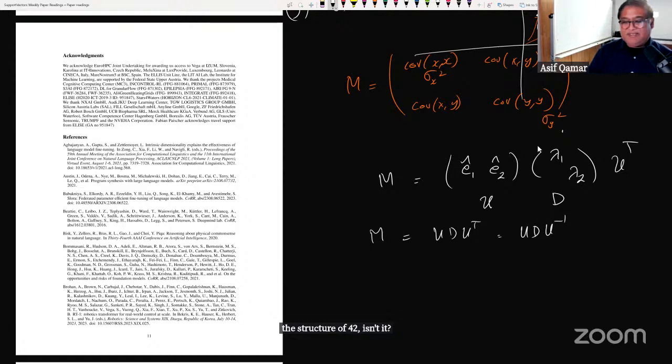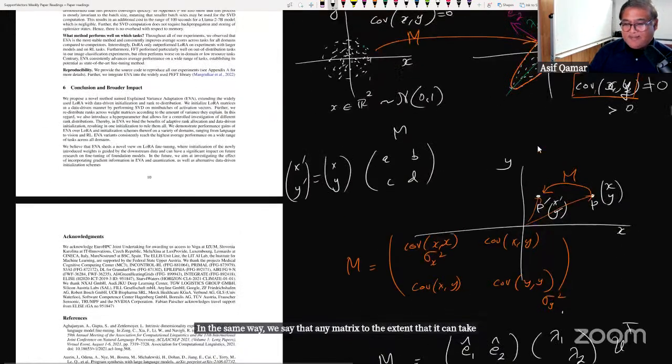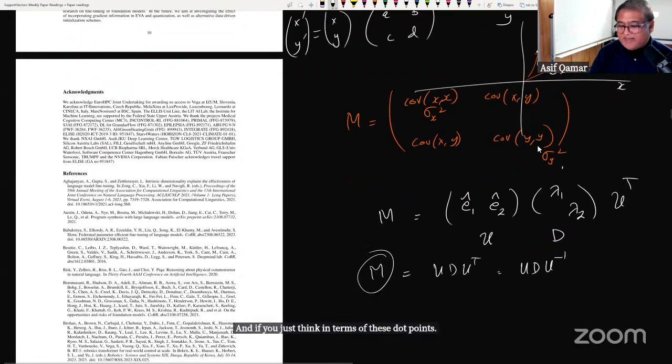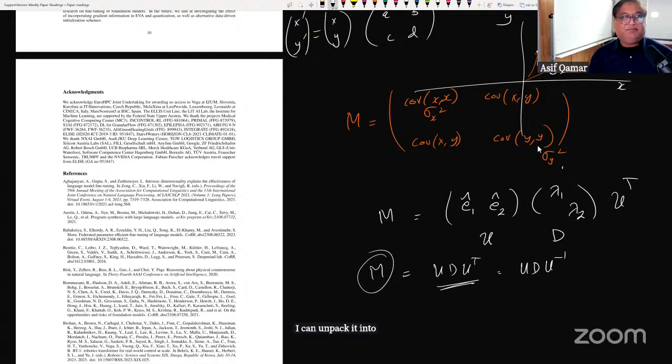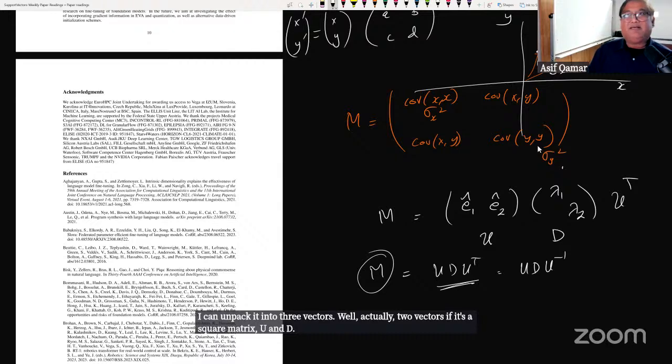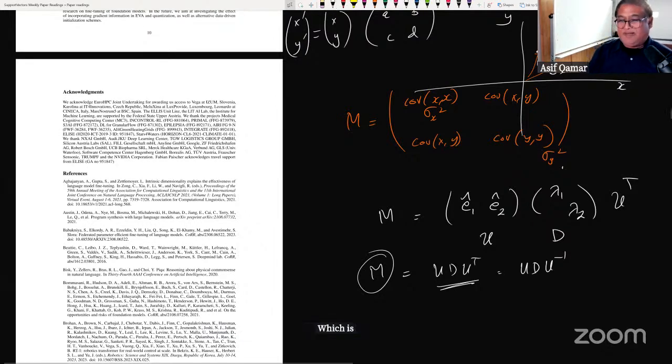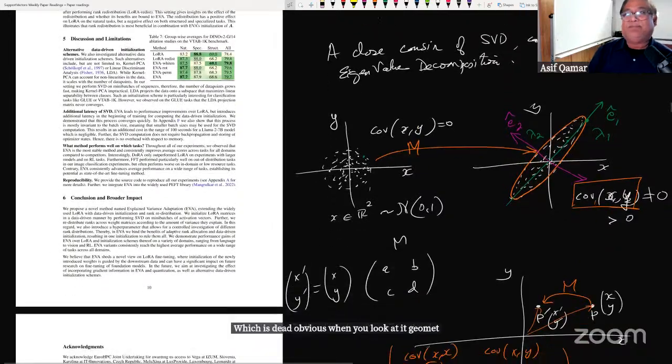In the same way, any matrix, I can unpack it into vectors. Well, actually 2 matrices if it's a square matrix, U and D. U is made up of the direction vectors, and D is made up of the scaling factors, isn't it? The magnitude of scaling, which is dead obvious when you look at it geometrically. That is what is happening, isn't it?